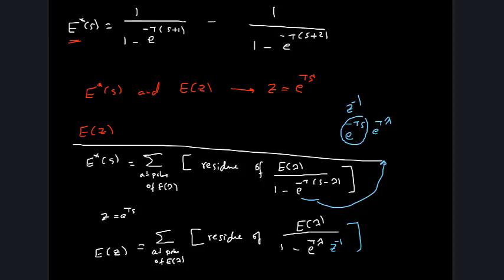So now, if we change the complex variable from lambda to s, because now we need to calculate E of z.